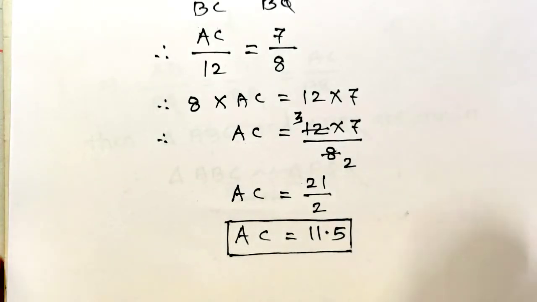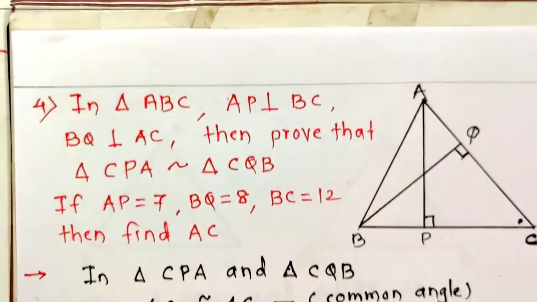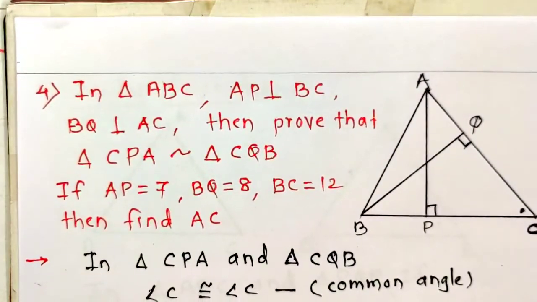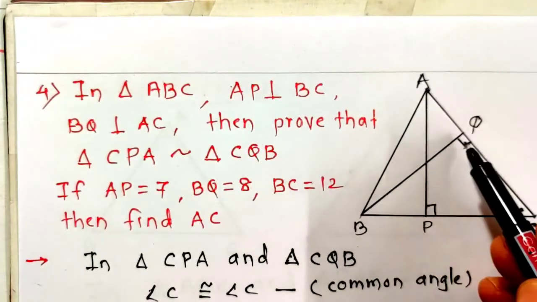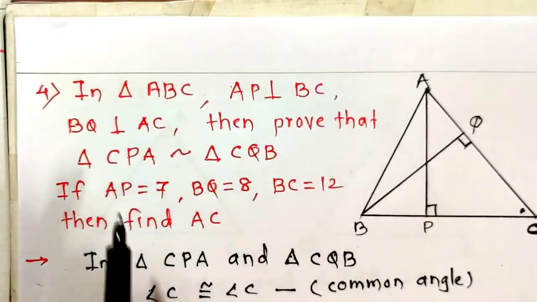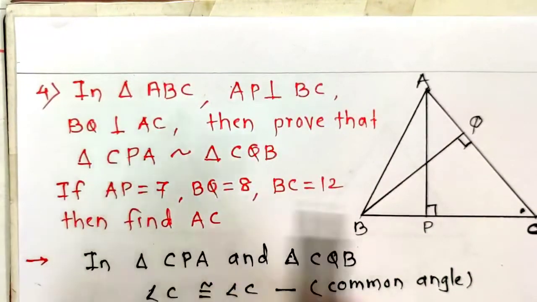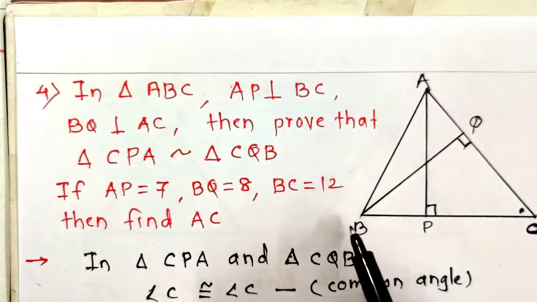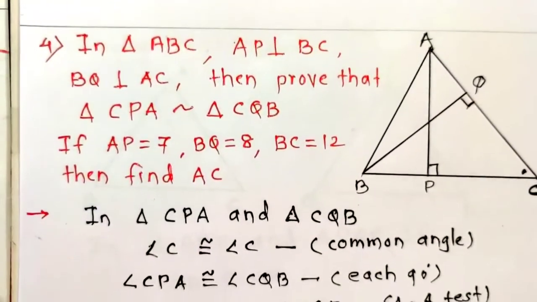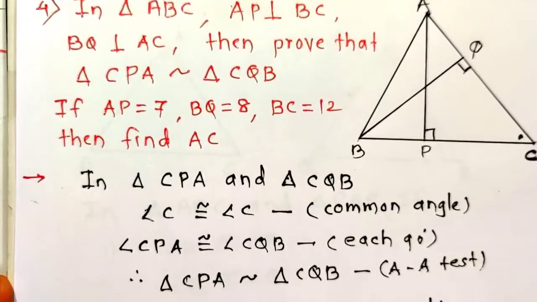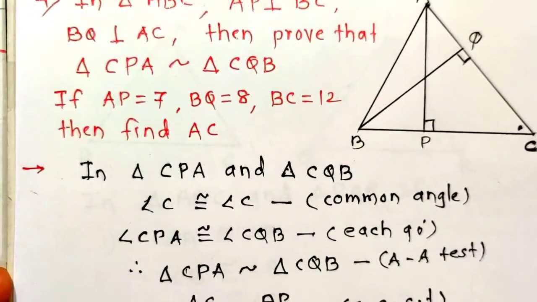Now let us observe that sum again from the start. Here in this figure, ABC is a triangle, AP is perpendicular to BC and BQ is perpendicular to AC. We have to prove triangle CPA is similar to CQB. In triangles CPA and CQB, see two pairs of corresponding angles.